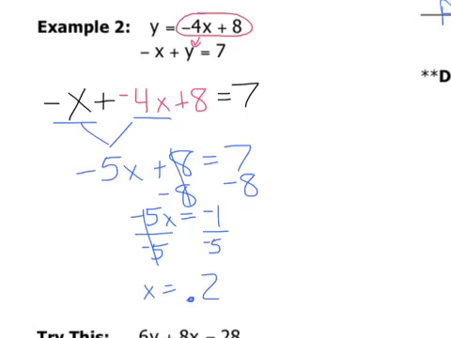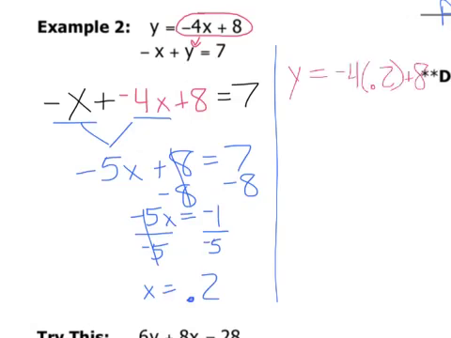Okay, we have an x value. What else do we need? A y value, right? To make my ordered pair, I need a y value also. So I'm going to use the y equals equation. So I have y equals negative 4 times my x value that I just found, 0.2, plus 8.